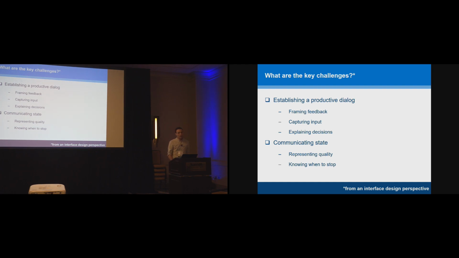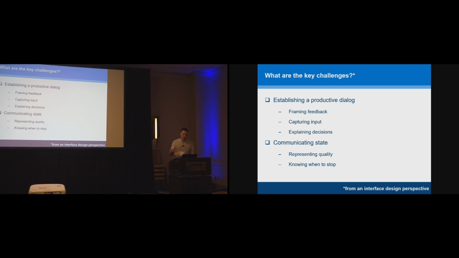So what are the key challenges in this area from an interface design perspective? We've seen a lot of interesting presentations at the conference so far around explainable AI. Related to that is, how do you establish a productive dialogue between the user and the system?